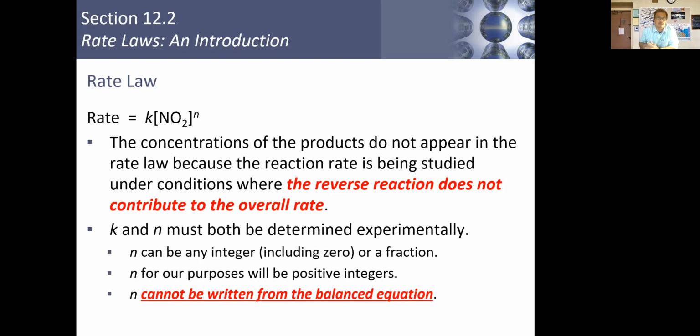Typically, in our class you won't see a fractional order number, not on the AP exam, not in this class. And K typically is going to be a positive number and also not a fractional number. So that's what we have for the differential rate law.